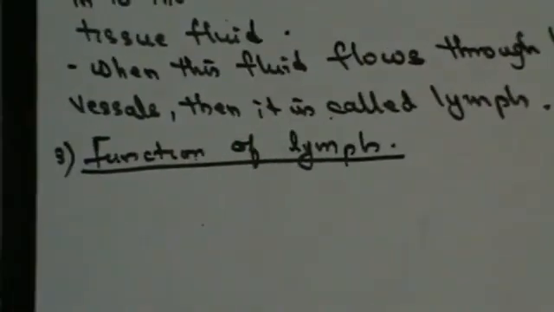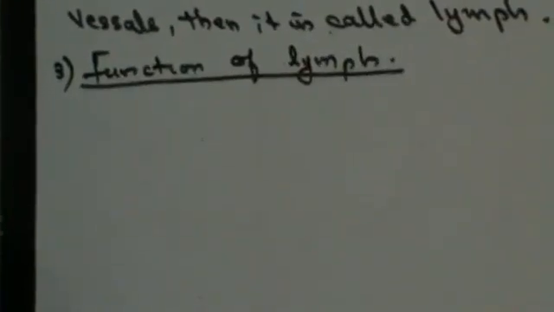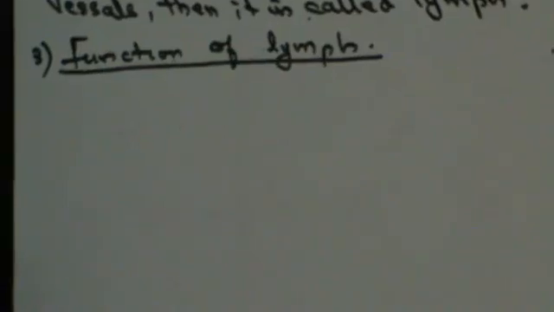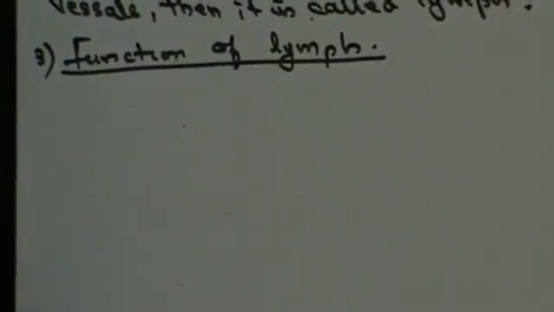First, it supplies absorbed fats from the intestine to the venous blood in the form of chylomicron droplets.